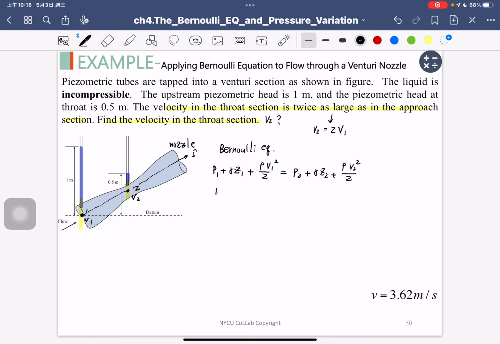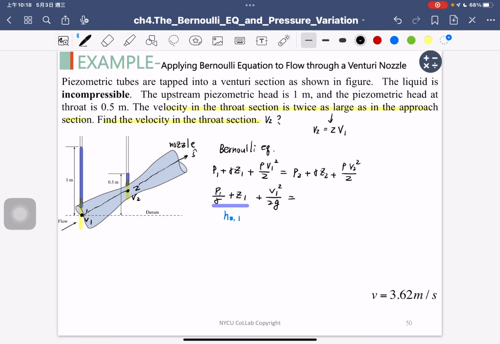So we know that P1 over gamma plus Z1 is our piezometric head. I call that head 1. So this is the piezometric head, plus V1 squared over 2g.